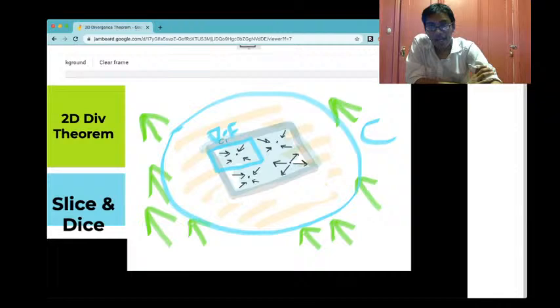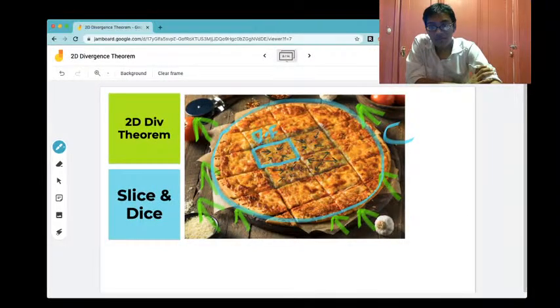Now of course, if we add up all of our C1s, what are we gonna get? Well, if I add all of these up, what am I gonna get?